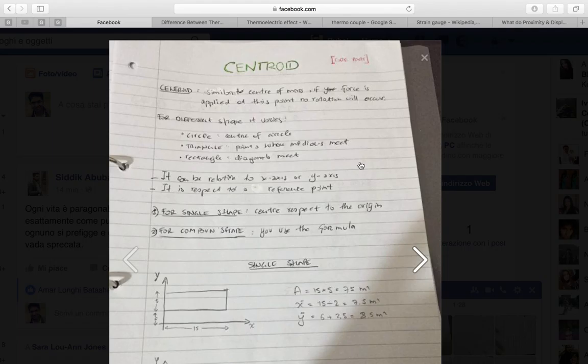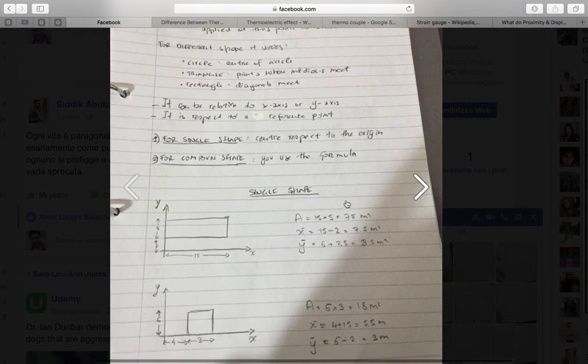And for different shapes it varies, and it can be relative to the x-axis or y-axis, and it's with respect to a reference point. For a single shape, this center is with respect to the origin. For a composite shape, we just use the formula.